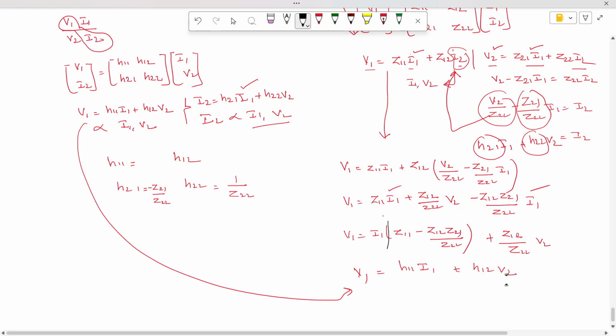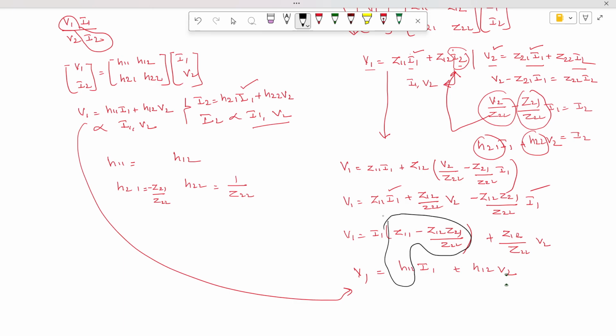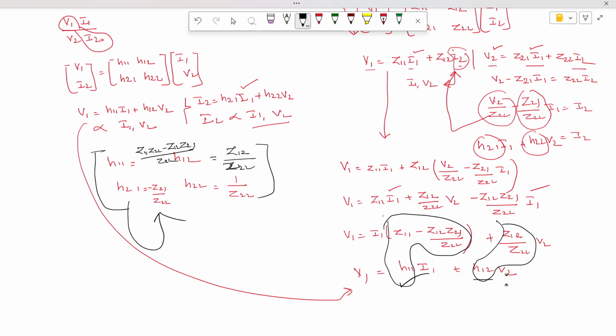Then the value of H11 in terms of Z is Z11 Z22 minus Z12 Z21 divided by Z22. What is the value of H12? The value of H12 is equal to Z12 divided by Z22. So by using this procedure we have successfully transformed H parameters in terms of Z parameters.